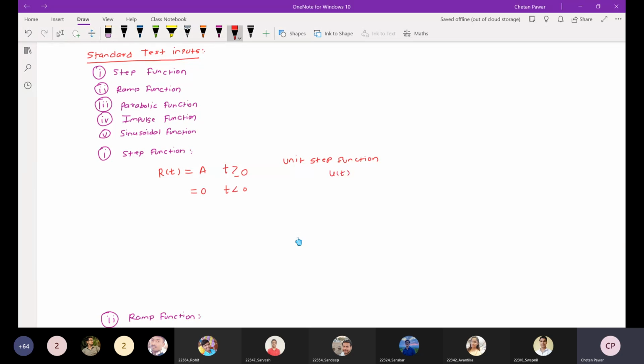That will be u of t, the unit step when the amplitude is 1.